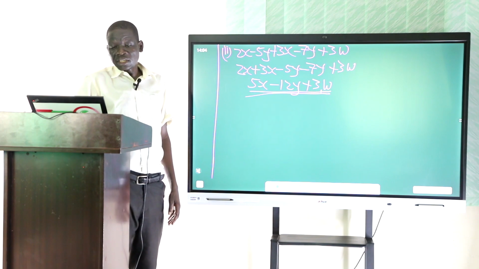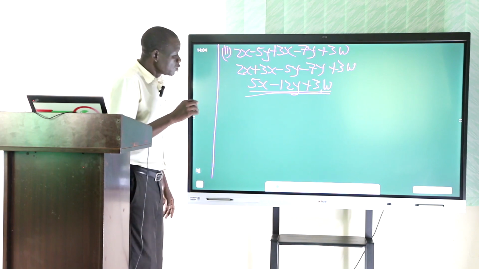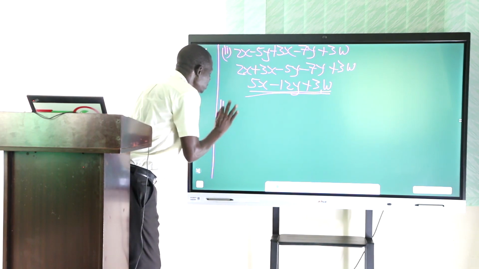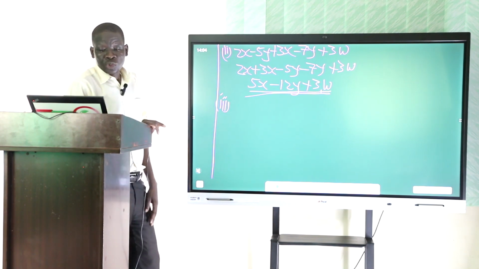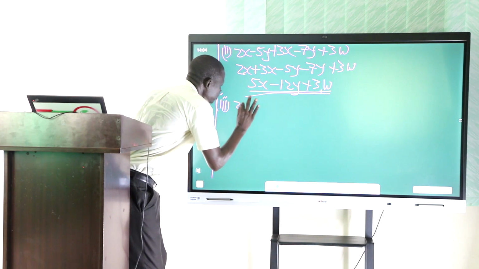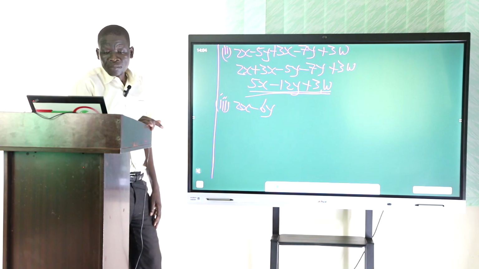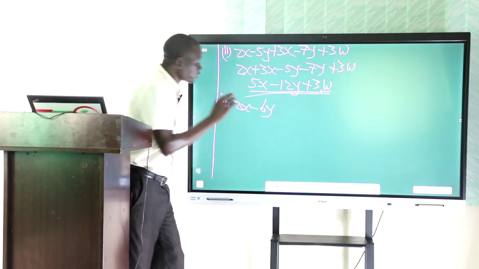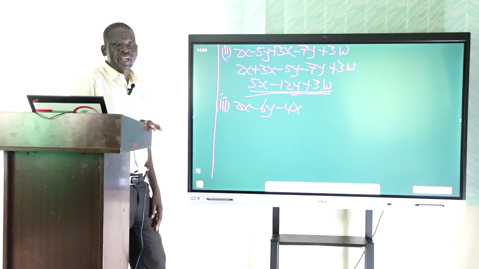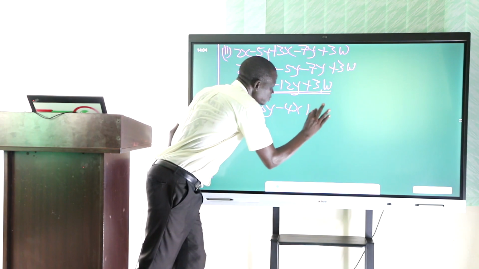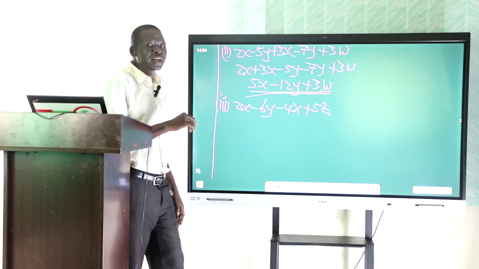We can look at another one. Similarly, we also have example 3, which says simplify 2x minus 6y minus 4x then plus 5z then minus y.